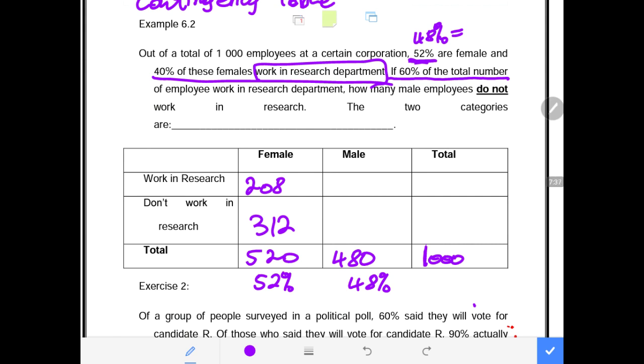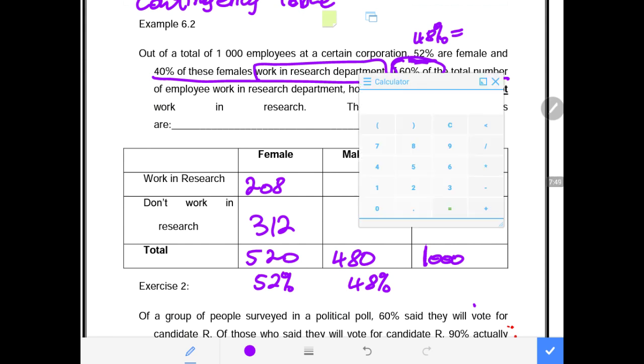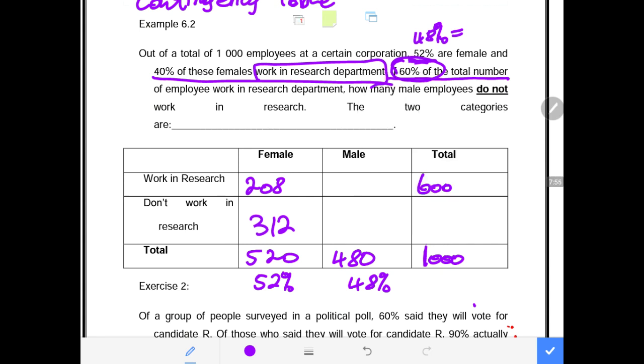So now we first need to record the 60% of the total number of employees who work in the research department, and 60% of 1,000 will be 600. How do we do that? We say 1,000 times 60%. We discover that 600 out of the total employees work in the research department, of which 208 of them are females.